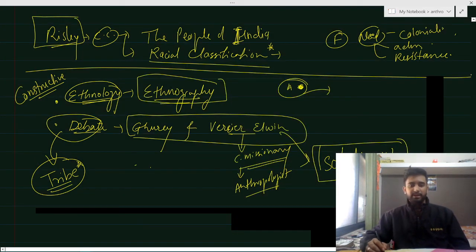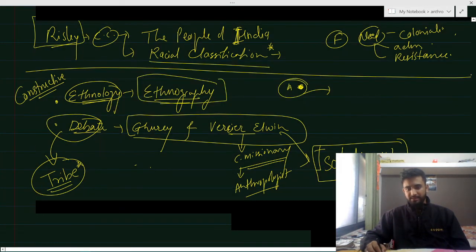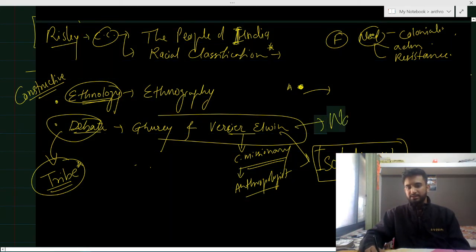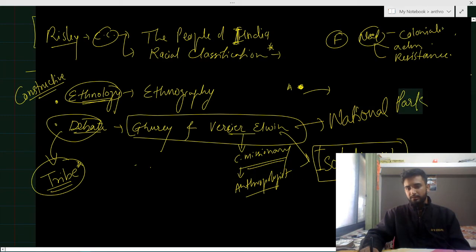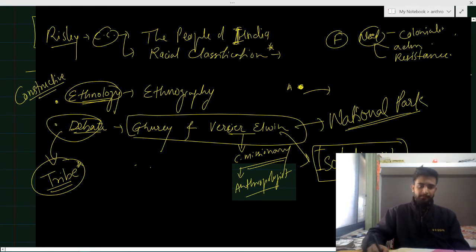What I mean by isolationist approach is that he said these tribals are a separate entity, a different community, and they should be kept separate, isolated, and should not be assimilated, and government or any people should not encroach on them. He was suggesting some institution like a national park for tribes, and this was his idea all the time.